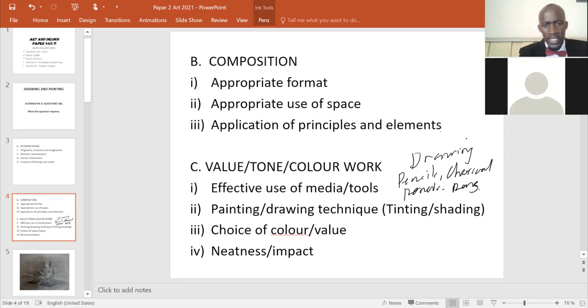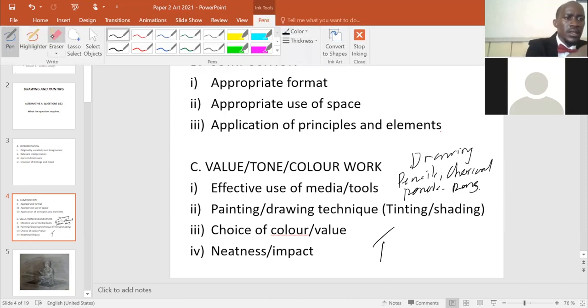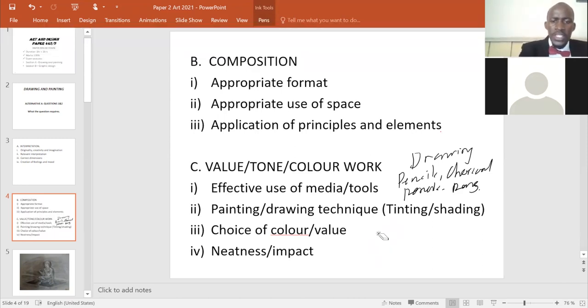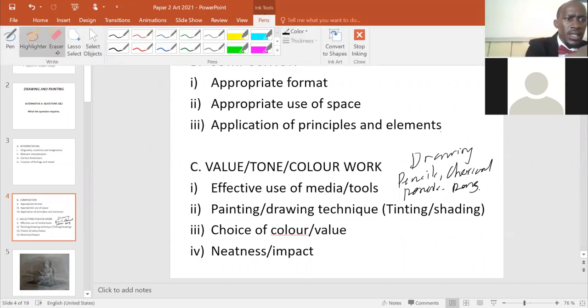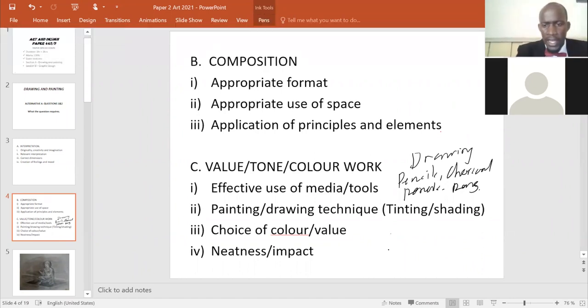When you're talking about painting, we look at how the candidate is able to use a paintbrush. How well can a candidate use a painting brush to create the work?